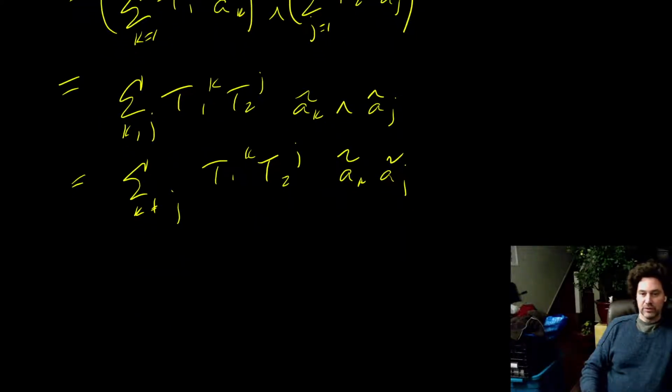So the only thing that we really have left to do is figure out what this constant is. And so we have the sum over all the kj terms, really we have a permutation of all the kj indices.